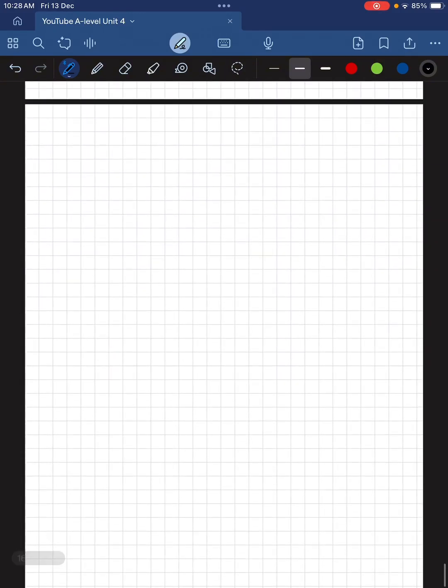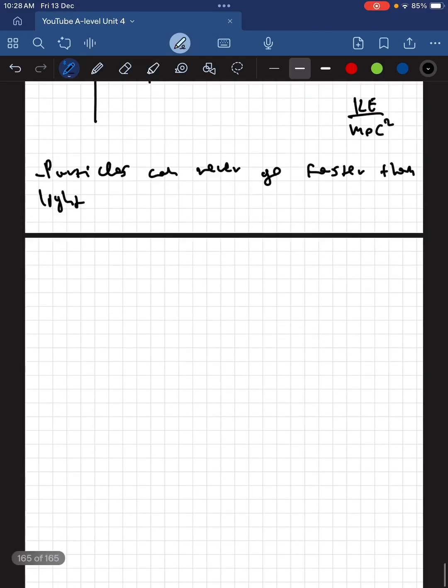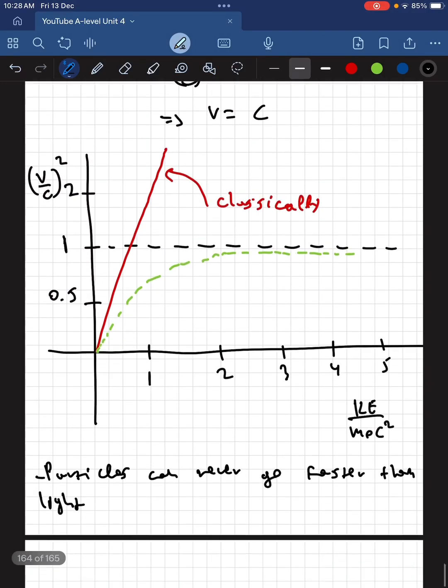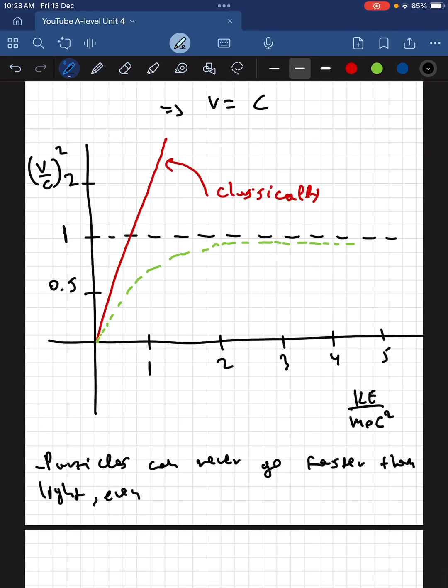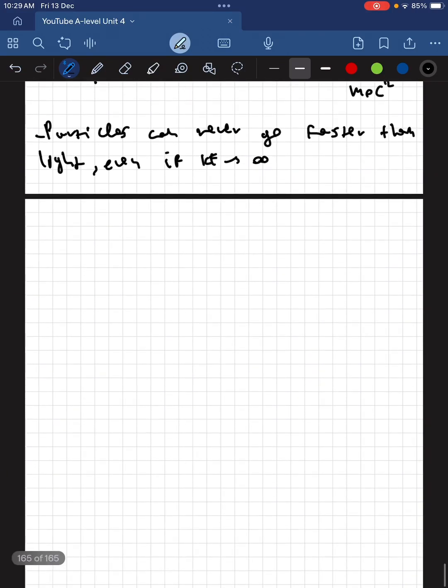Particles can never go faster than light, even if T approaches infinity. So the kinetic energy of a particle can indeed increase indefinitely, but its speed cannot. That's the point, and this was verified with linear accelerators.